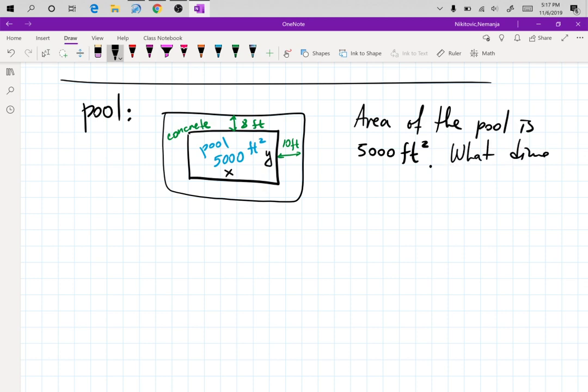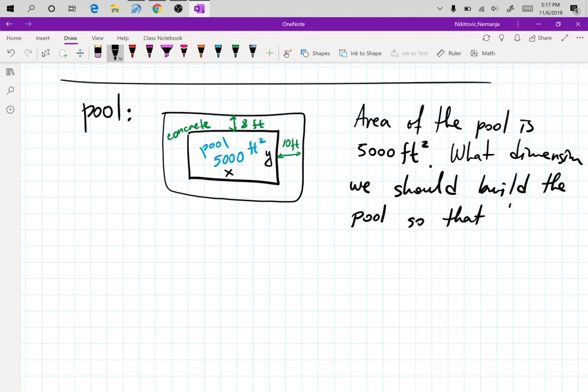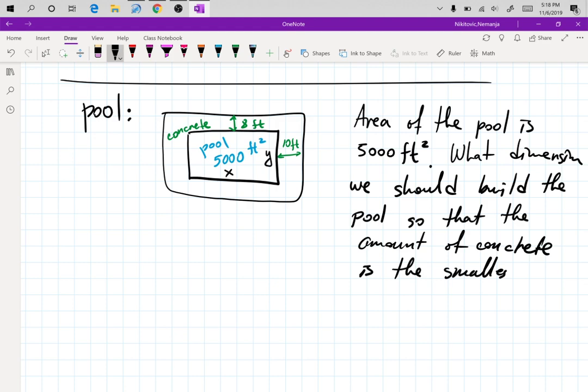What dimensions should we build the pool so that the amount of concrete is the smallest possible?